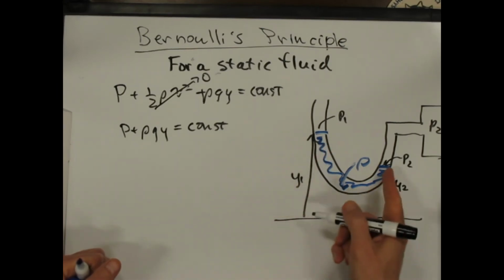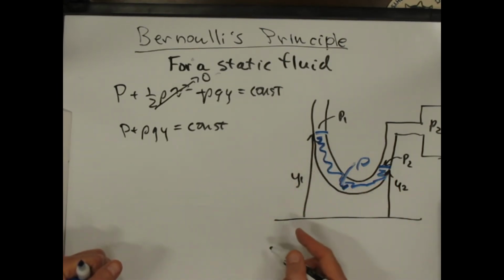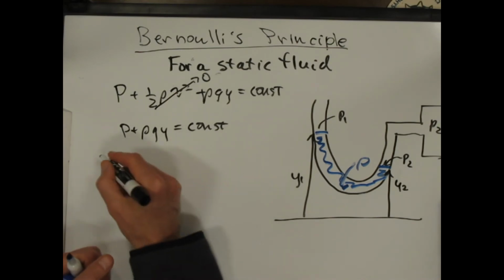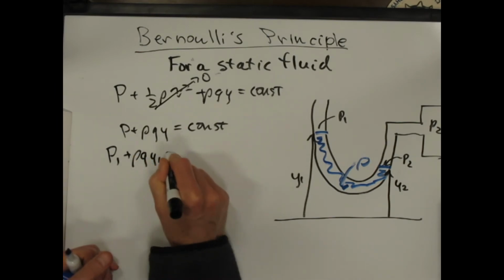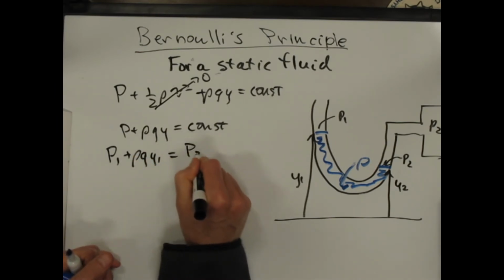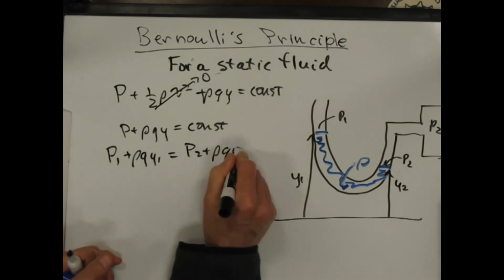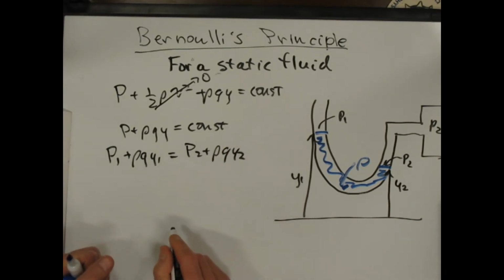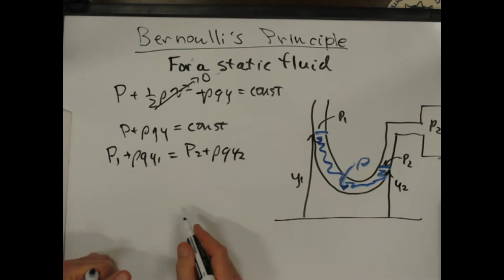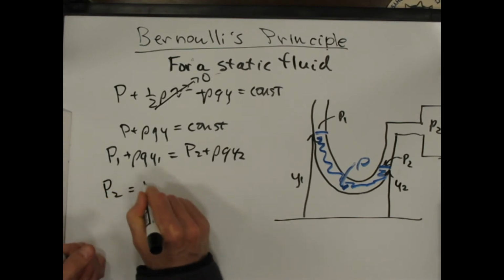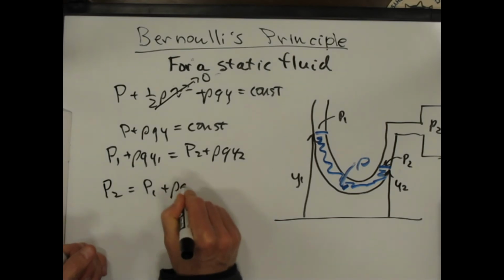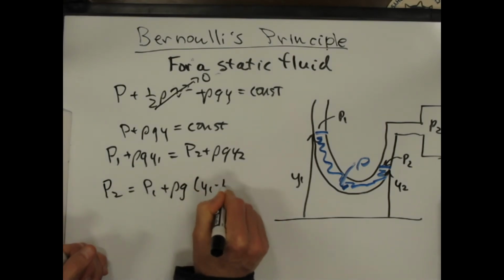And so if we have a height difference, we can use Bernoulli's principle here, and we can say, look, since it's constant, if I pick point 1, P1 plus rho g y1 is equal to P2 plus rho g y2. I'm just going to show you this gets us the result we had before. This gives us P2 is equal to P1 plus rho g times y1 minus y2.